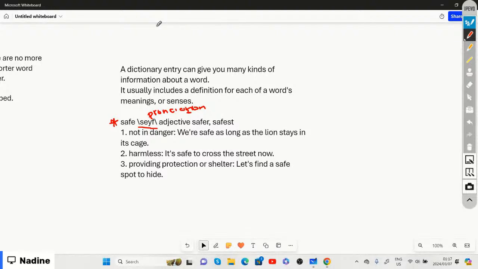So the first one is not in danger. We are safe as long as the lion stays in the cage.